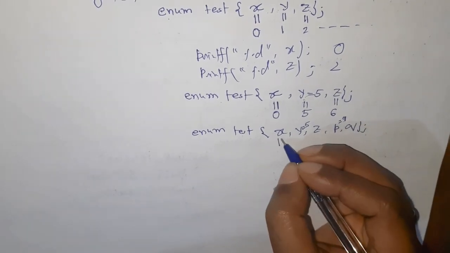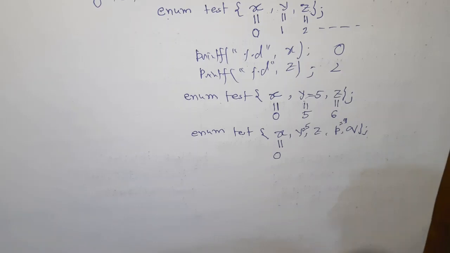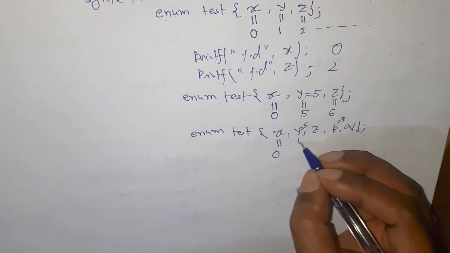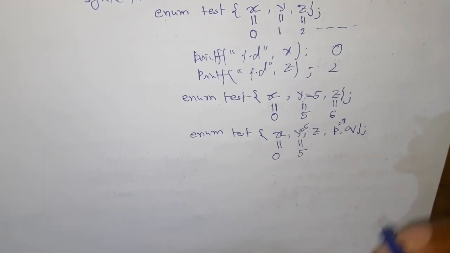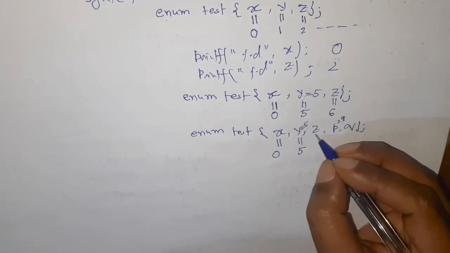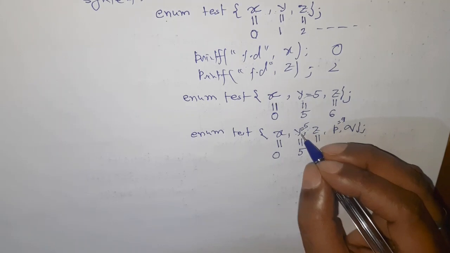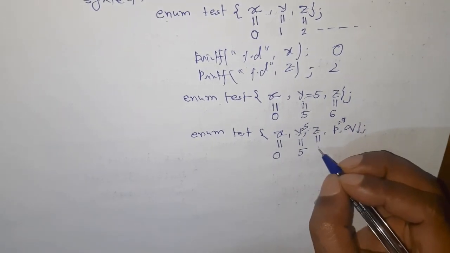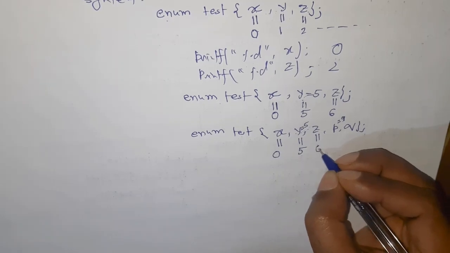For x, the computer by default will assign the constant value 0. Here the user has specified y equals to 5, so 5 will be assigned against the identifier y. Next, z comes after y, so for z the computer will assign the next constant value, which is 6.